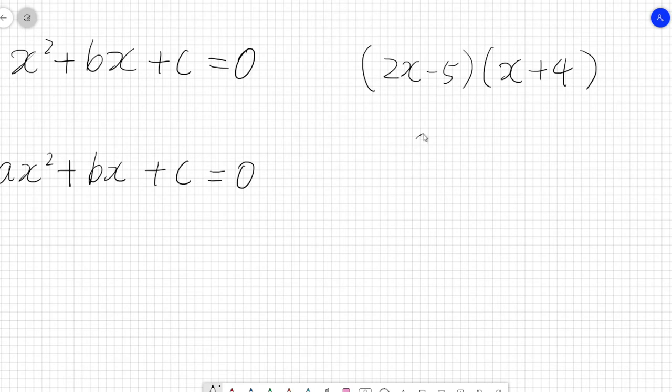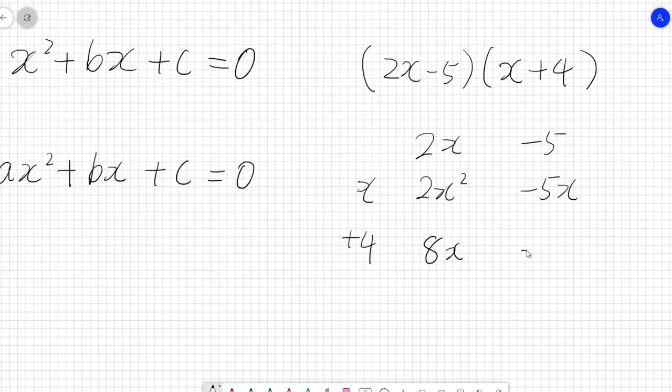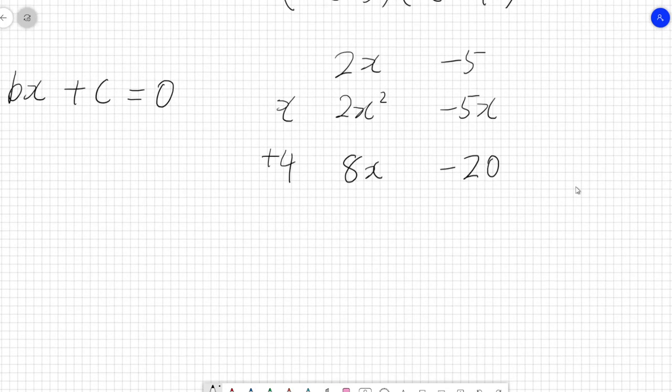We end up with 2x squared minus 5x, plus 8x, and finally negative 20. So once you expand them, it will end up looking like 2x squared minus 5x plus 8x minus 20.